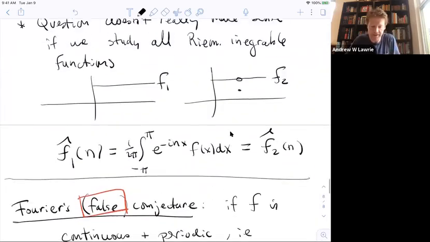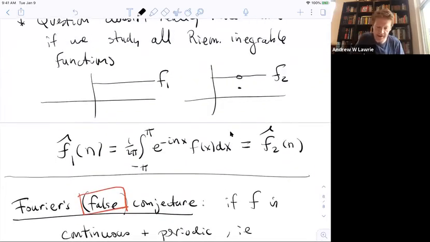So basically, if I write down the Fourier coefficients for these two examples, as I wrote down here, and I look away from this bad point, then the Fourier series converges to this function, and these two functions only differ at one point.